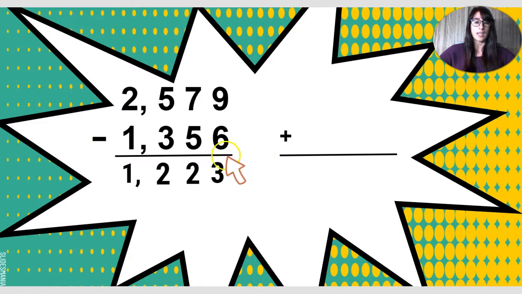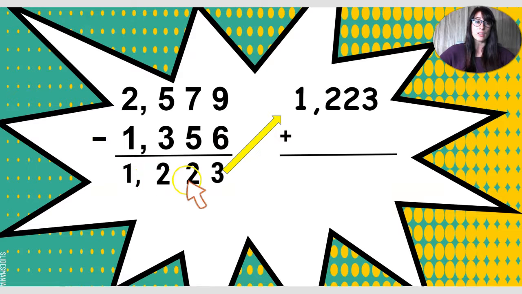First, you will have to take the difference that you found and you will have to put that on top over here. So I'll put my answer, the difference I found by performing my subtraction, over here on top. Now the number that I will add to the difference will be the number that's over here, the smaller number.